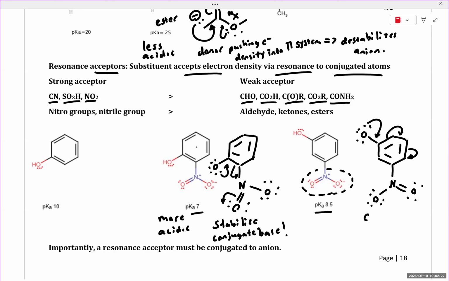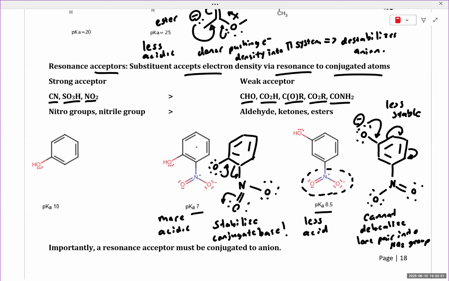And what you can see is we cannot delocalize the lone pair into the nitro group. And as a result, this conjugate base is less stable than when we had the nitro group in the ortho position. And as a result, this parent compound, this parent acid, is less acidic.